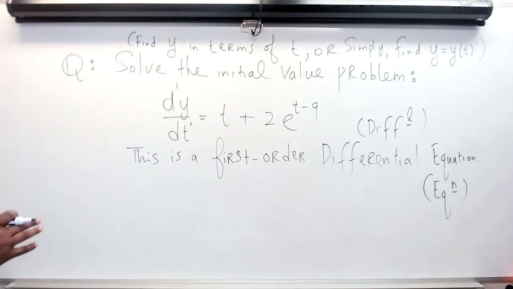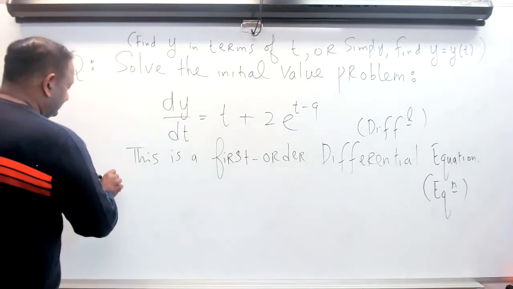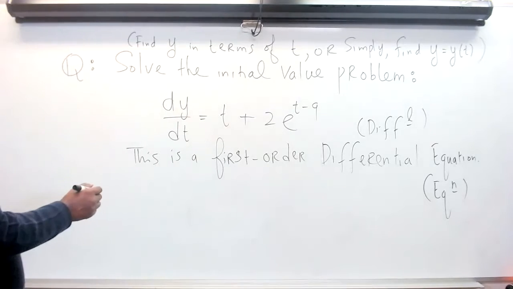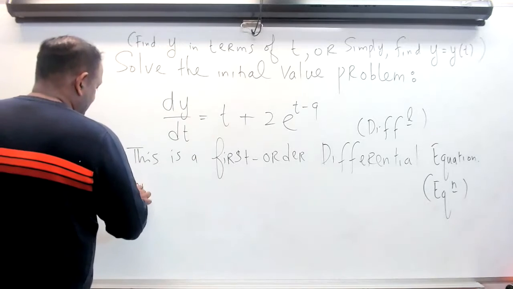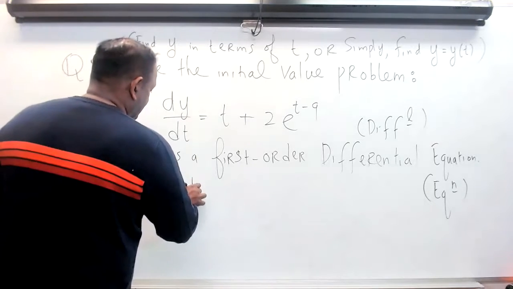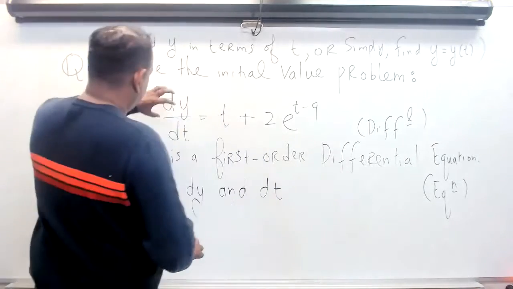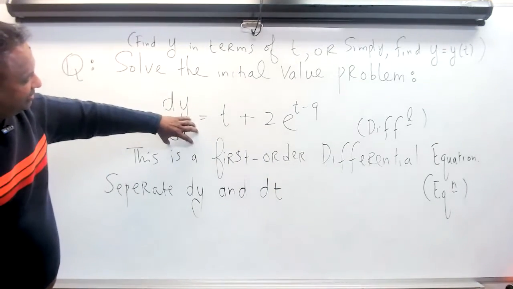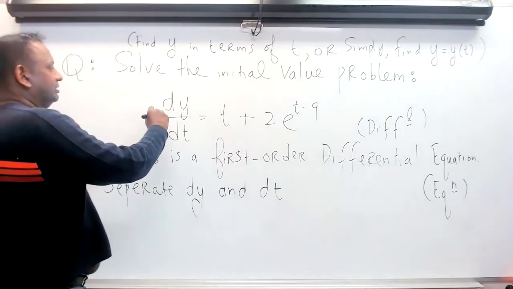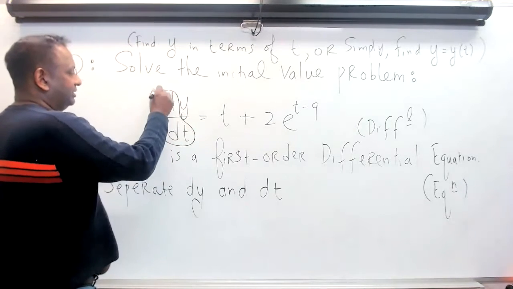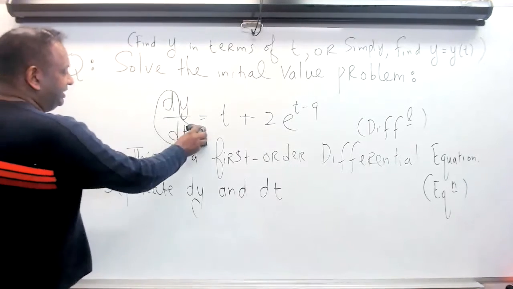In order to get this done, what are you going to do? Since this is a first order equation, you can use the variable separable method. Separate dy and dt. See, two operators. This is an operator. This is an operator too. Together, you call this one operator, but the same operator can be split into two parts.